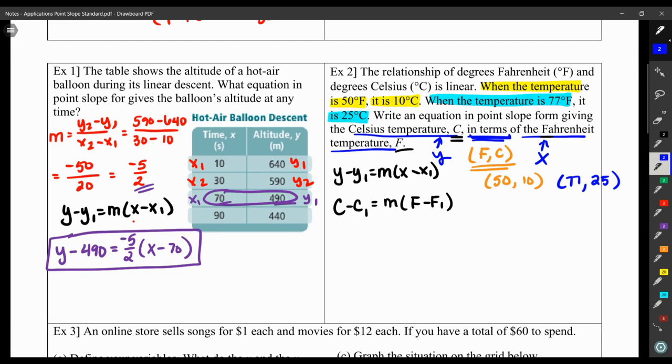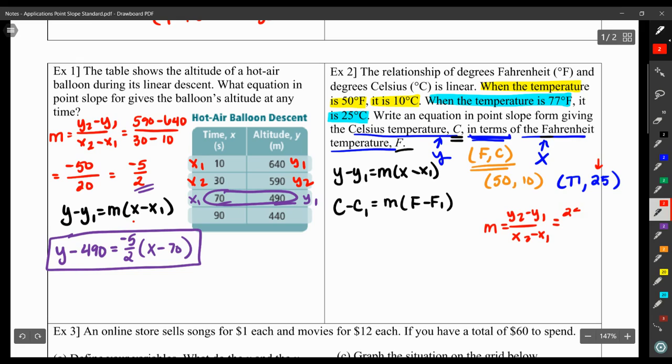So these are the two coordinates that I'm going to have to use in order to find my slope. And I can still kind of think of it as y2 minus y1 over x2 minus x1. So it's going to be this guy, 25, minus this one of 10, over this guy of 77 minus the 50 on the orange one.